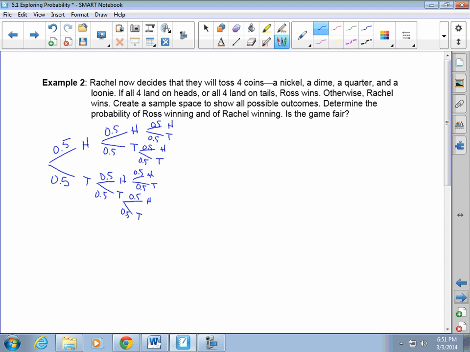So that's 3 coin tosses. So now we have to do it for the 4th coin toss. So heads or tails, 0.5 for each. This one, if they'd have tossed the coin, she could have got heads or tails.